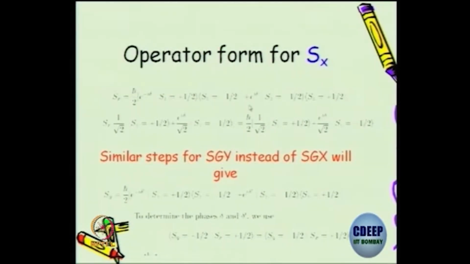Please verify. After you have done that work, you can verify whether I get this with these appropriate phase factors. Okay, so this is an outer product of the up, down, and similarly down, up. How will you write the matrix for this?